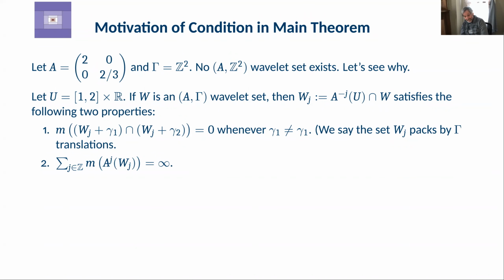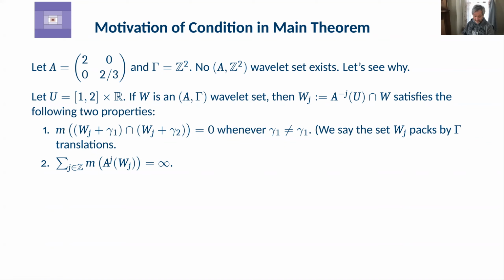The second thing that has to be true, and now you see this, already we have a sum being equal to infinity. So you think, aha, maybe, and you'd be right. This is the same sum that we're doing later. What also has to be true is that the sum of the measures of A to the j, W_j, has to be infinity.